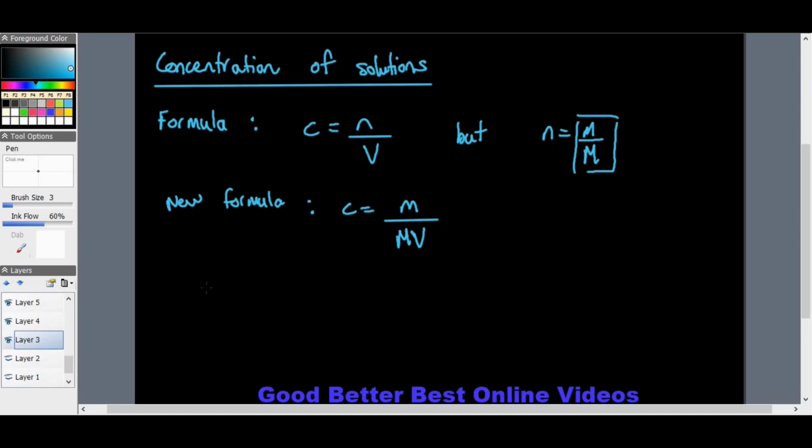Something I just want to show quickly is how to convert centimeters cubed to decimeters cubed. If you want to go from centimeters cubed to decimeters cubed, you need to divide by 1000.